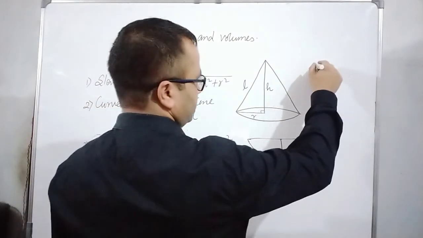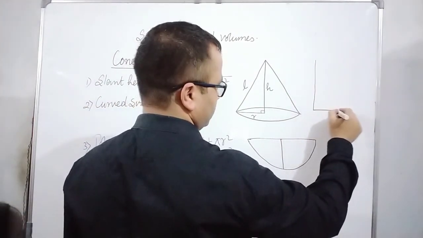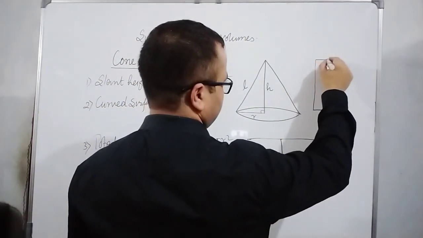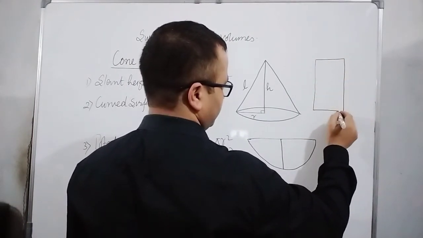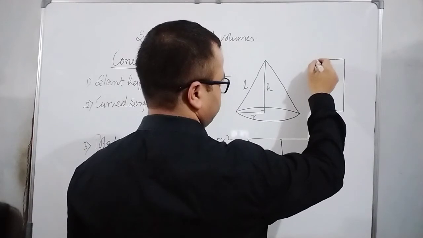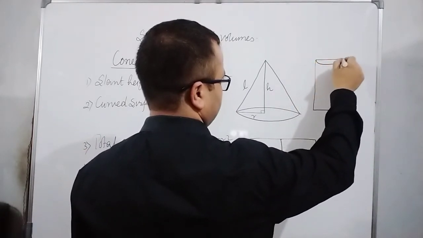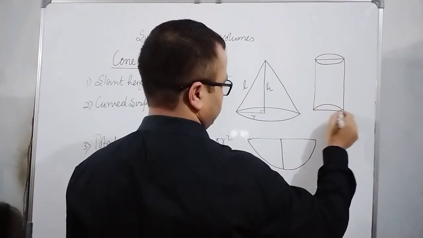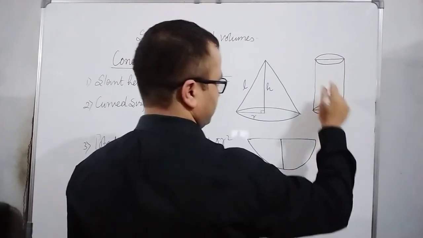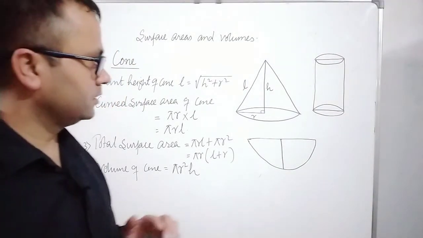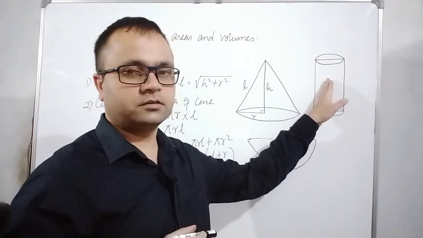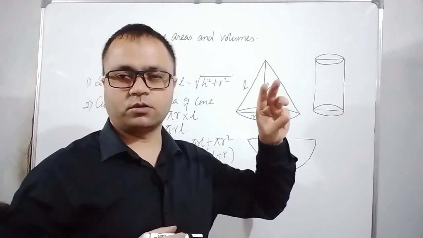If you cut one cylinder into 3 equal parts, each part will be the volume of cone. If you cut cylinder into 3 equal parts, then you will get 3 equal cones.